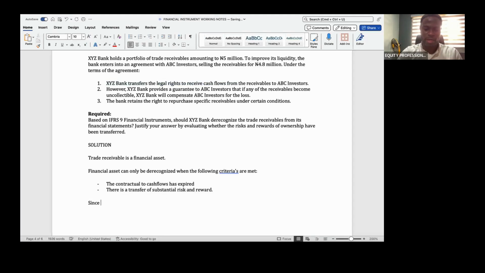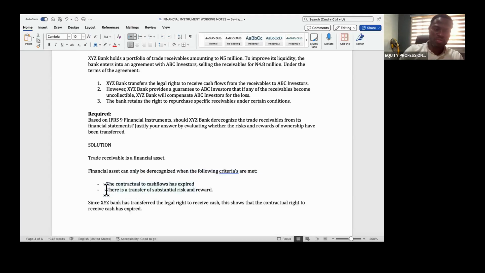Since XYZ Bank has transferred the legal rights to receive cash, this shows that the contractual right to receive cash has expired. So it has met this condition.